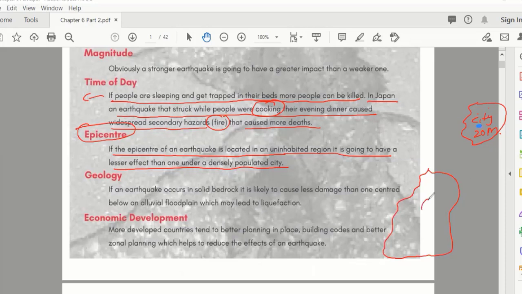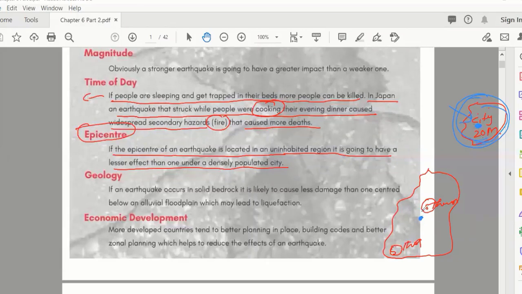In this you have a small village here, then maybe one village here, and maybe here, let's say 5,000 people only, and here also 5,000 only, and the earthquake is centered, let's say, here. So in the city, because the people are more, the city is more populated, if the earthquake epicenter is here, it will cause more damage because a lot of people are living there.